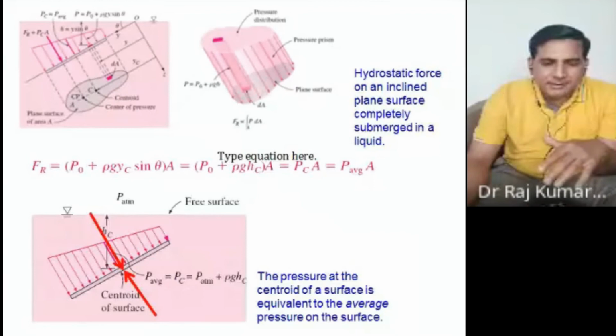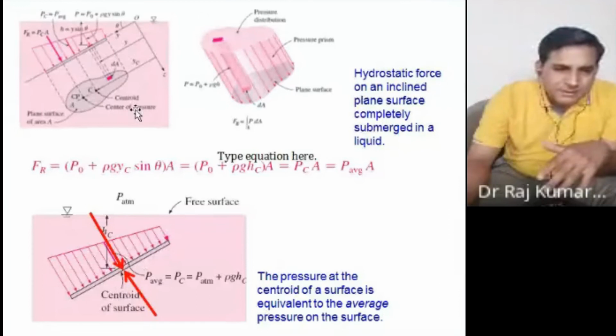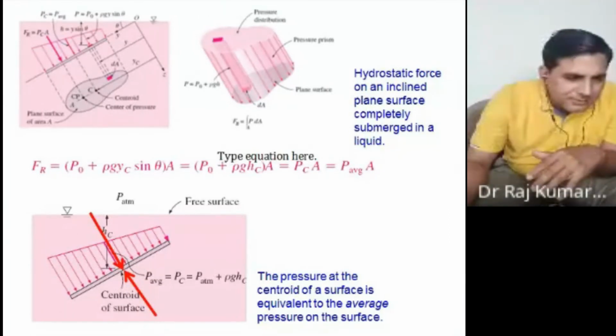Let's say this is acting at y dash distance far away from here. So this distance, if I say from here to here, this much is just y dash, or you can see maybe this figure.